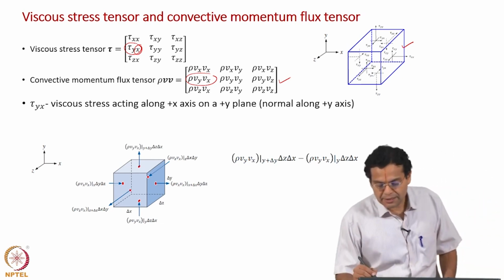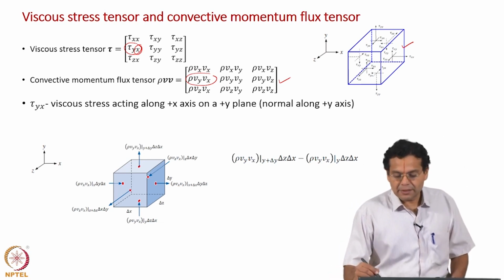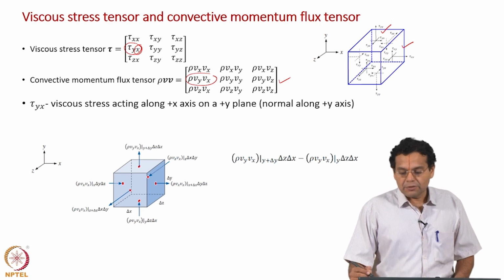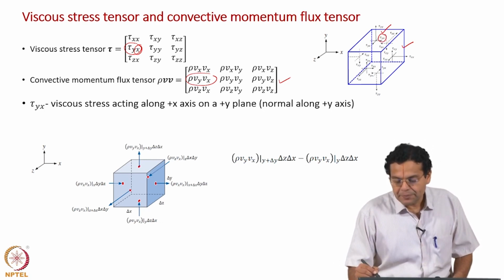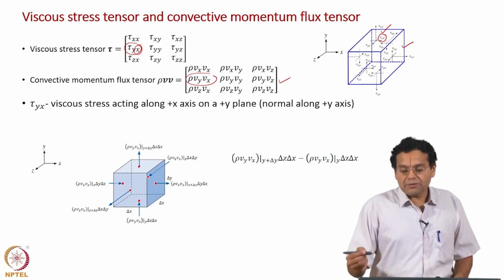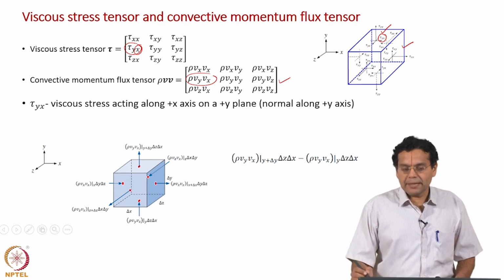If you look at this diagram, this is of course the positive y plane. So, we should consider the positive y plane here and the force acting along the positive x axis. So, tau yx represents the component of the stress vector acting on the positive y plane, with force acting along the positive x axis.